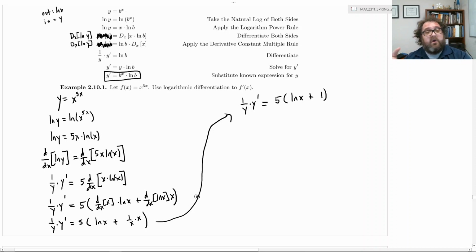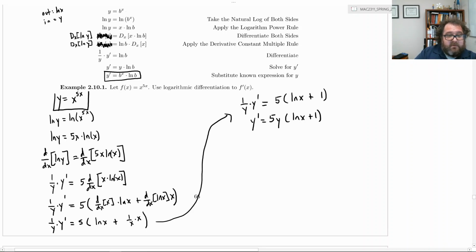Okay, so now I can go to my solving for y prime business. To solve for y prime, I do what? I multiply both sides by y. And if I do that, I get y prime equals 5y times natural log x plus 1. But remember, we always need to back substitute. We know what y equals. y equals, very first step, x raised to the 5x power.